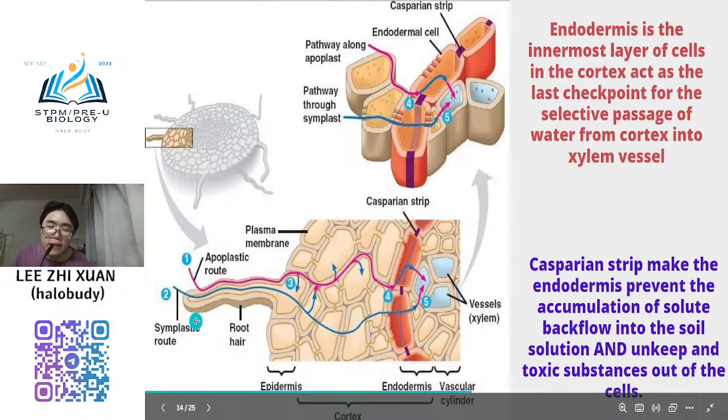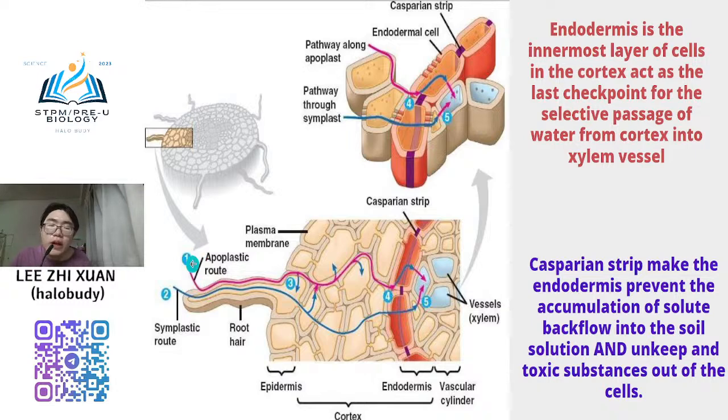If you see here, in the absorption of water molecules, at night the potassium and sodium ions, the mineral ions, will be pumped by active transport into the root hair. This will cause the root hair water potential to decrease. So the purpose is to decrease the water potential of the root hair.